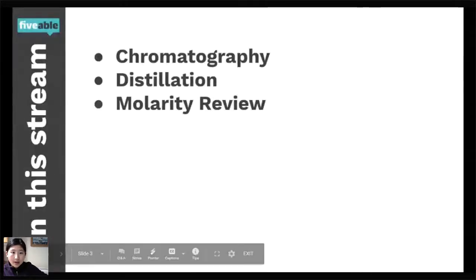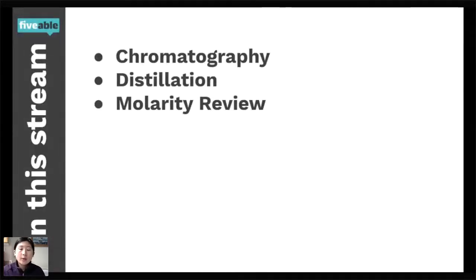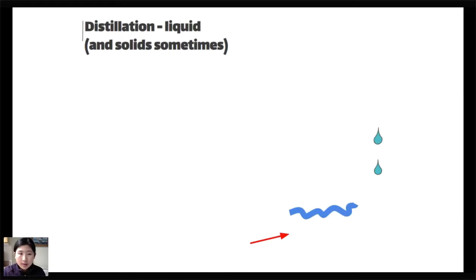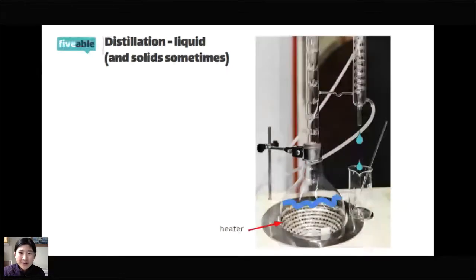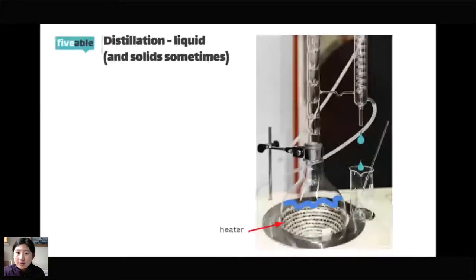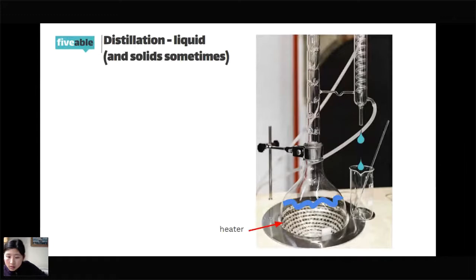All right, I'm going to move on to the next slide. Wait, actually, we're going to talk about distillation first. Sorry about that. Sorry, my slides are going whack. Hope this is better. I'm going to minimize it a little bit more.